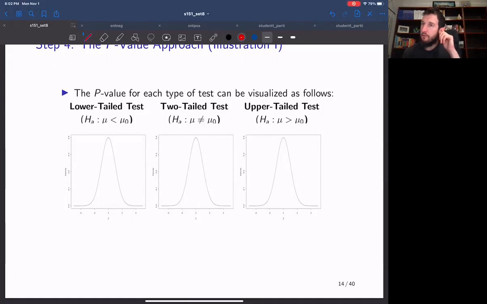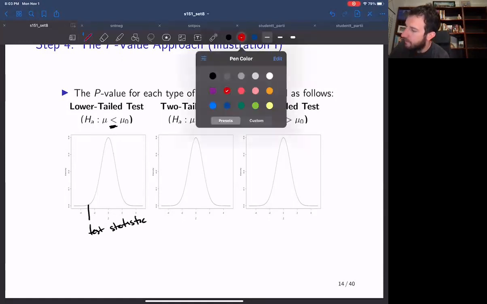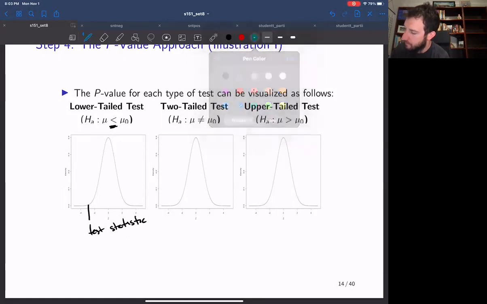Okay, the p-values are set up in the exact same way as the critical values, except that they're based off a test statistic. So for a lower tail test, where we have the less than sign, we would now mark down our test statistic on the axis. And the p-value is just the area below that test statistic under the curve, right?